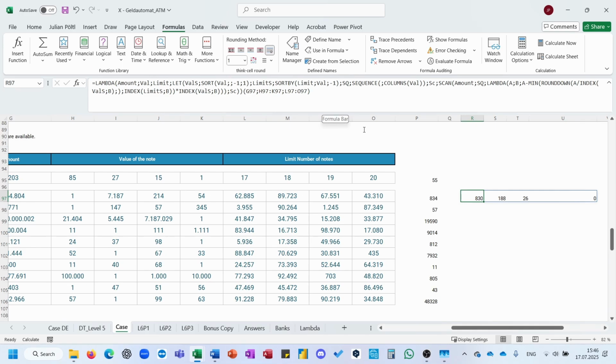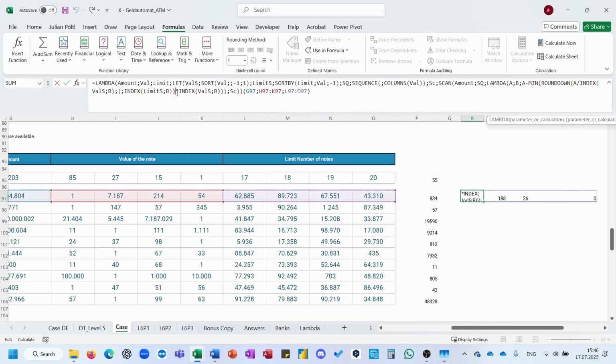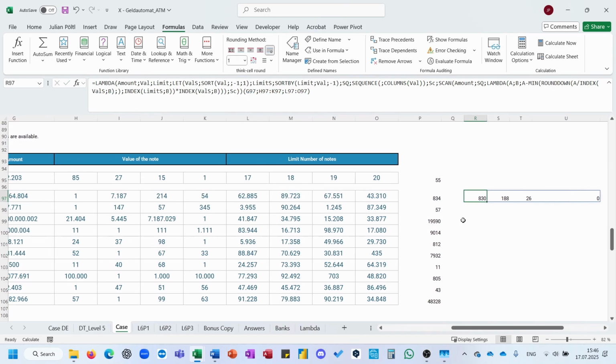What can I do here? Okay, these are the scanned amounts. Minimum of this is SC. No. SC are the amounts that are left at the end. And now, how should I tackle this?